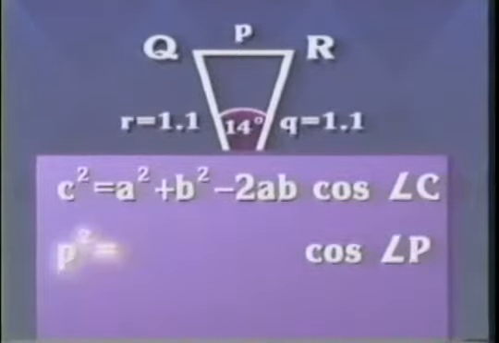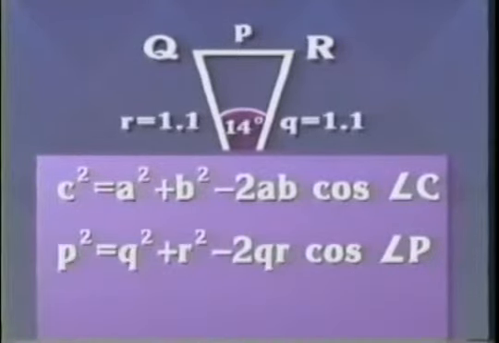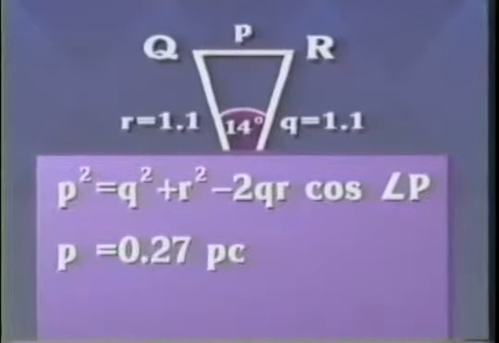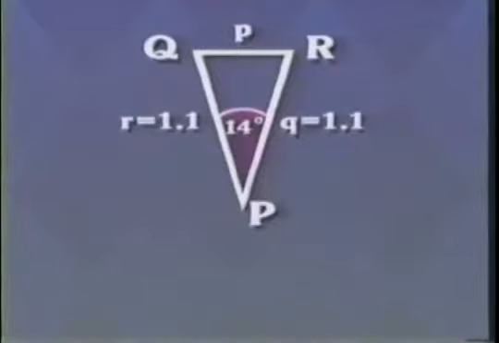That's side P. And we just have to insert the remaining two sides. Our only unknown is side P, the distance across the black hole. A calculator gives the value of side P as 0.27 parsecs.